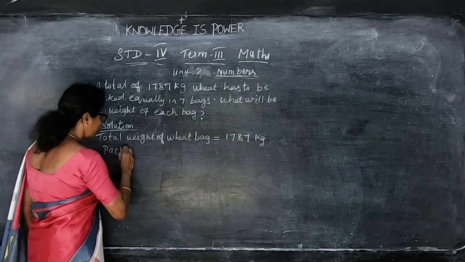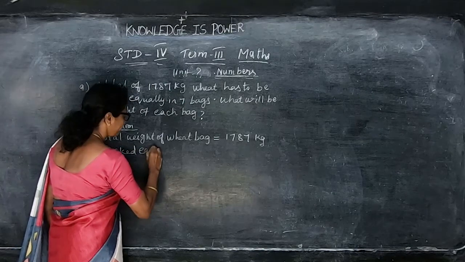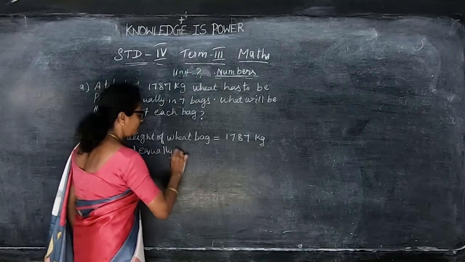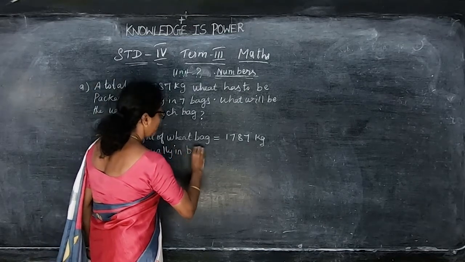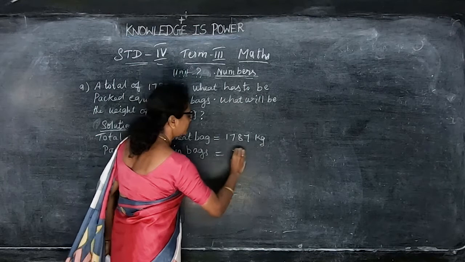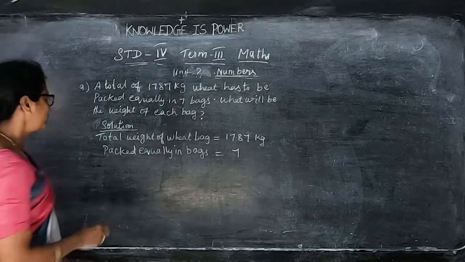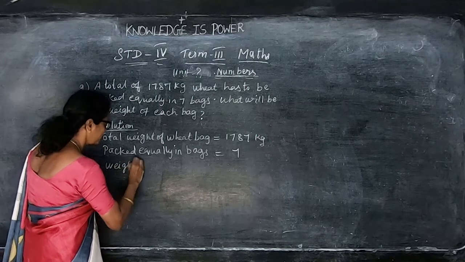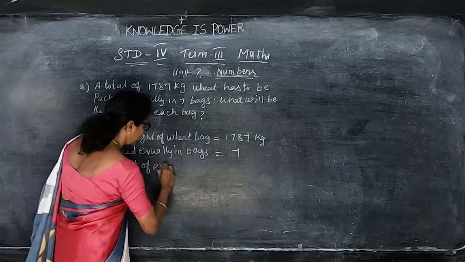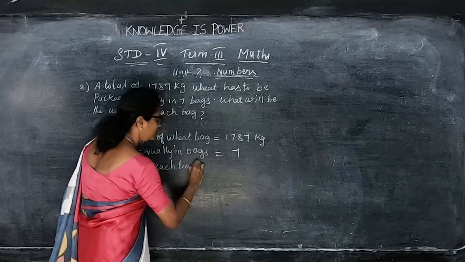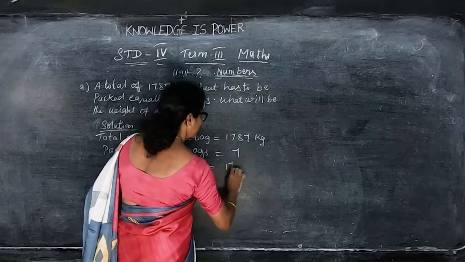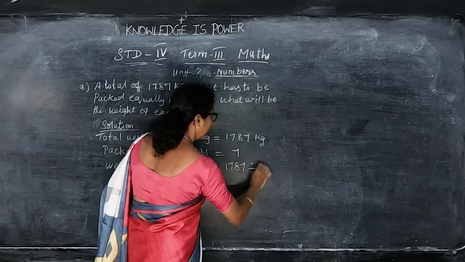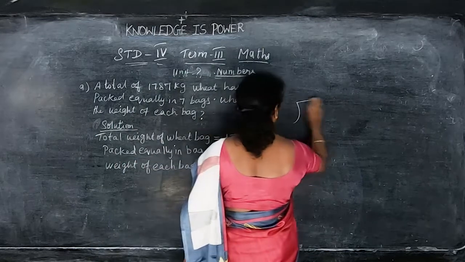Packed equally in bags. How many bags? 7. So what you have to find out: what will be the weight of each bag? Weight of each bag, அதுதான் நம்ம கண்டுபிடிக்கணும். Each bag, that is equal to 1787 divided by 7. So 7 tablesல பண்ணுங்க.